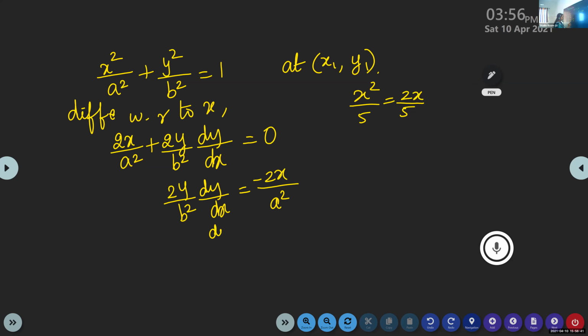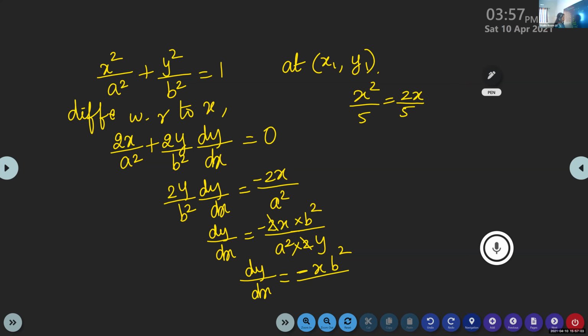Therefore, what is dy by dx? Taking b square to the other side, it becomes b square by 2y, and the 2 gets cancelled. So we get dy by dx is equal to minus x b square by y a square.